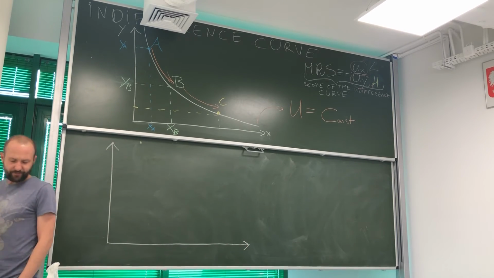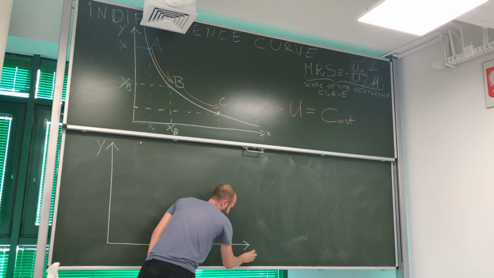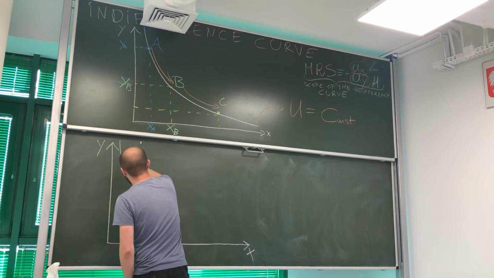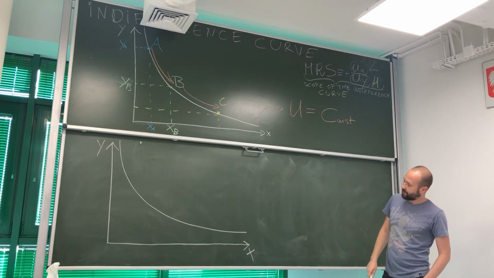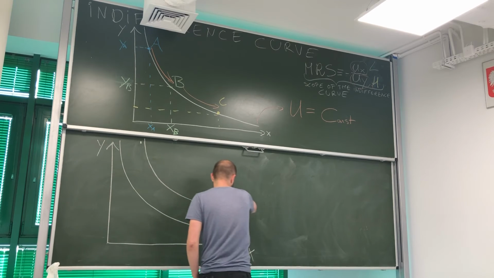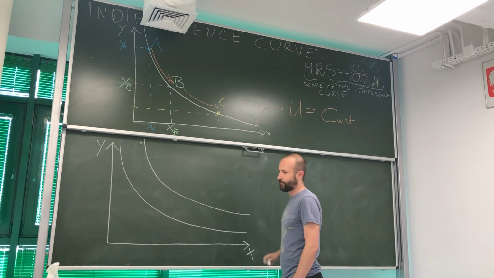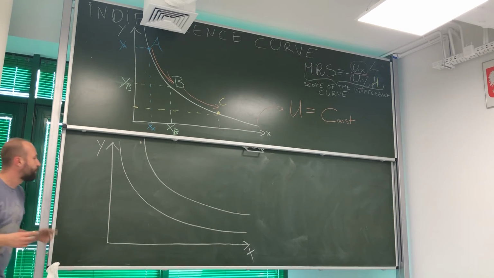Okay. So here again we've got y, here we've got x, and let's just say that here is one indifference curve. This is a second indifference curve. And we've got 3 points of interest.